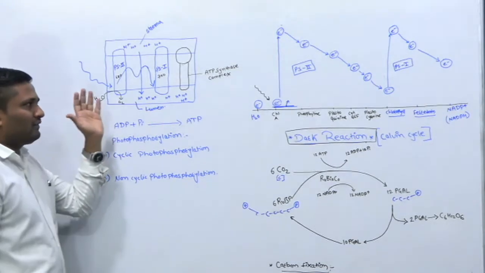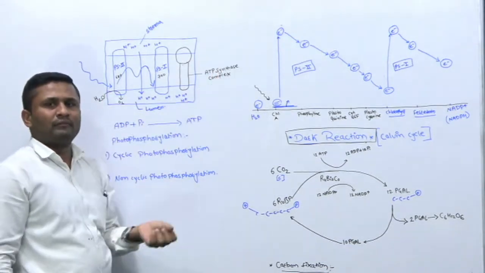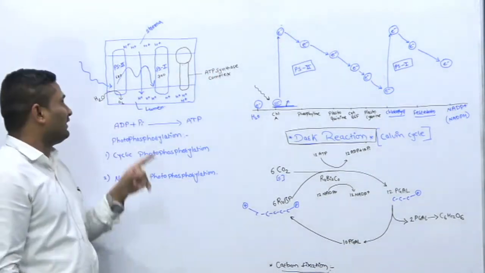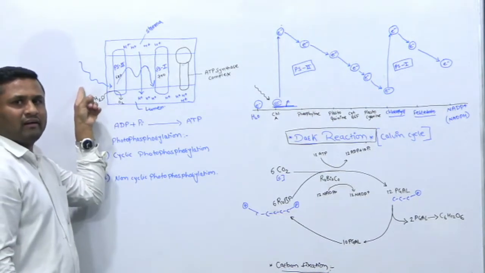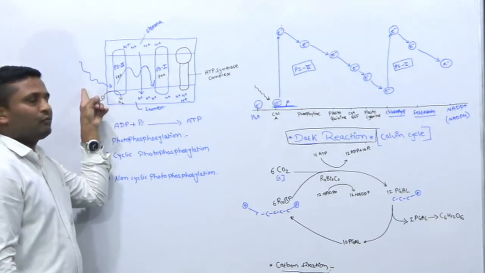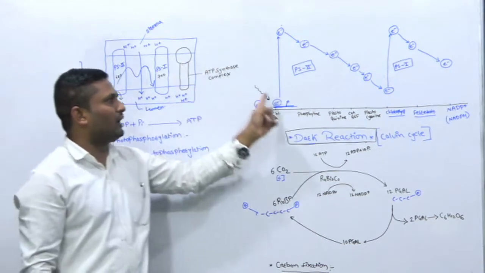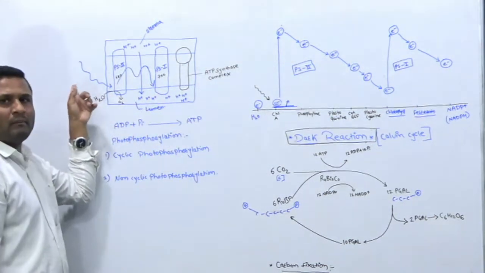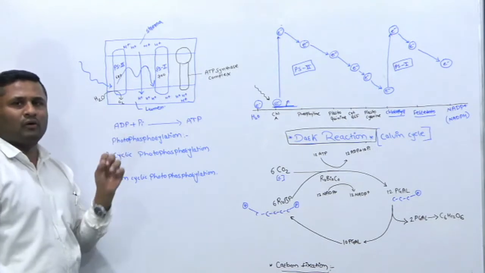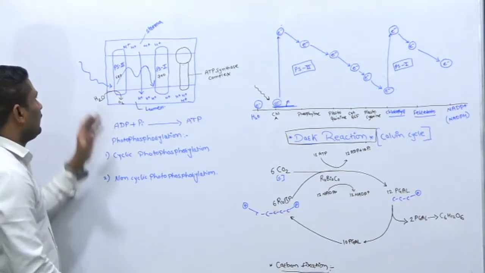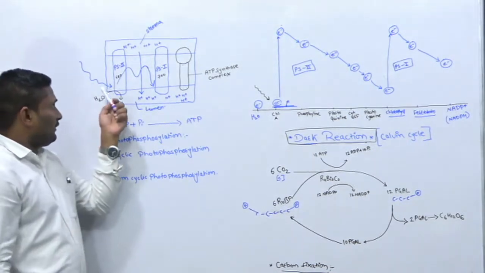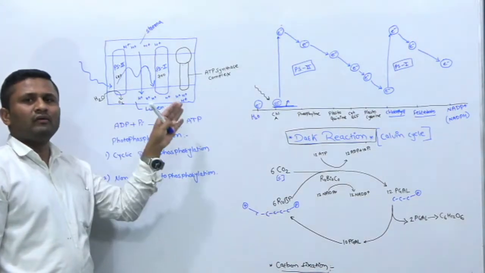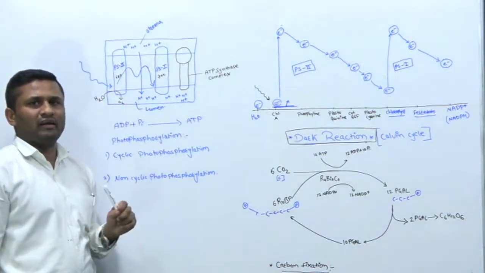Why has this electron transport been possible? It is due to this light energy or due to this photon. So the energy that is required for this process is actually coming from this light energy or from photon. Okay, now finally what is going to be synthesized in light reaction, right?